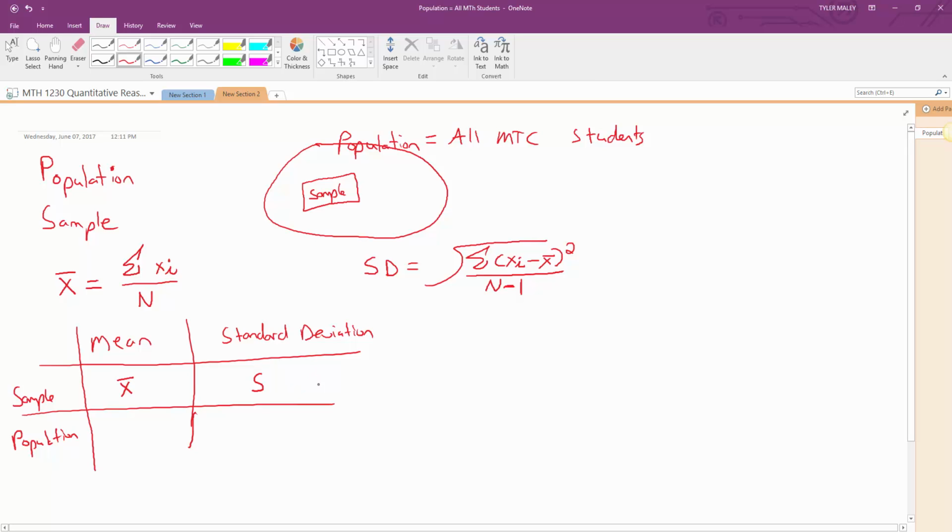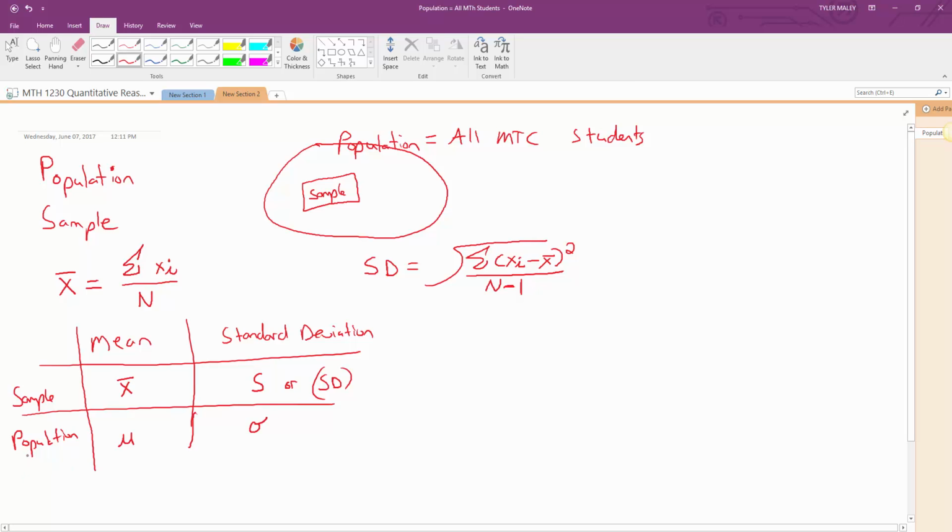However, our book uses SD, which is perfectly fine, so I'll put an or there. We can use s or SD. But with population, for population mean, we use the Greek letter mu, and for the population standard deviation, we use the Greek letter sigma.